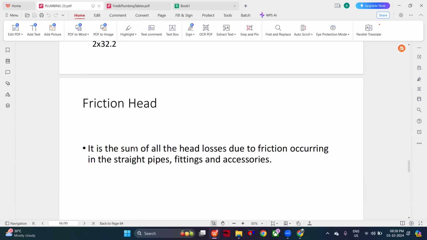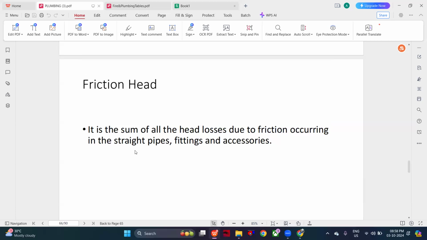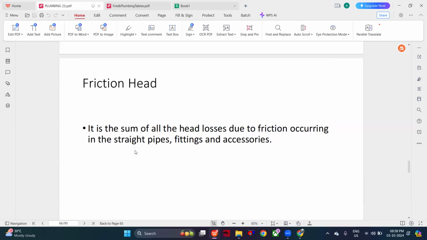And the frictional head. Frictional head is the sum of all head losses due to friction occurring in the straight pipes, fittings, and accessories. We know what kind of accessories we have in plumbing.